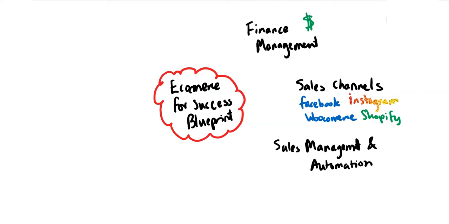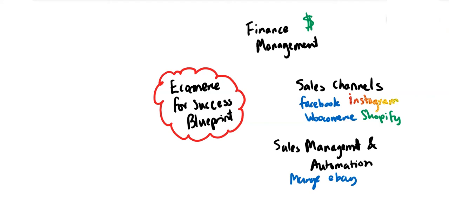What are you doing within these stores that you can then automate through your sales management and automation? Now this could be external programs that manage your eBay stores, for example. It could be a script that goes and updates the stock counts on different websites. It could be anything that allows you to manage your sales channels and automate it.